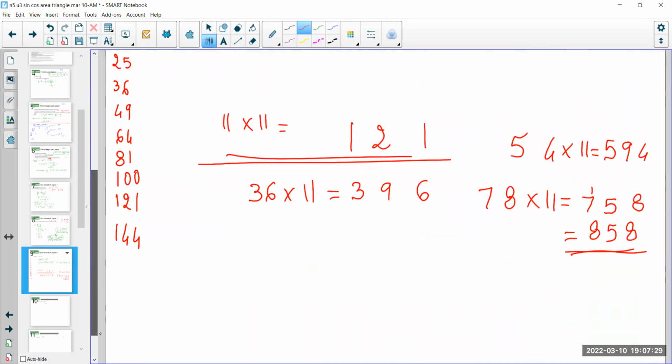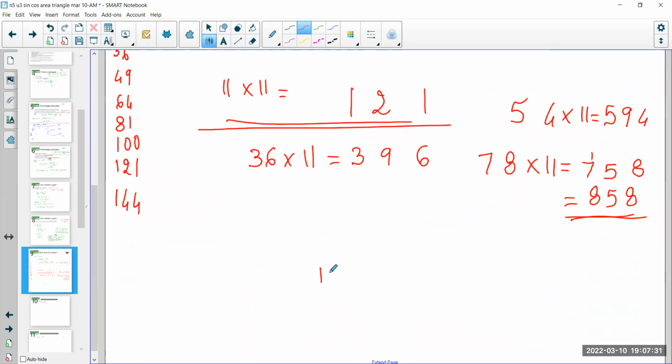So someone might say to me, oh, I don't know how to do 12 times 12. Can you expand the brackets? 12 times 12, guys. 10 times 10, 100. 10 times 2, 20. 2 times 10, 20. 2 times 2, 4. There you go.